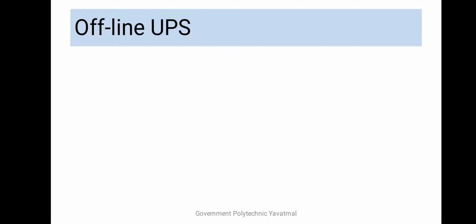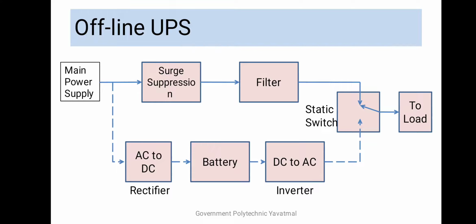Here is the block diagram for offline UPS. The main power supply is provided to the load through the surge suppressor and the filter like this. At the same time, the batteries are charged through the rectifier like this.